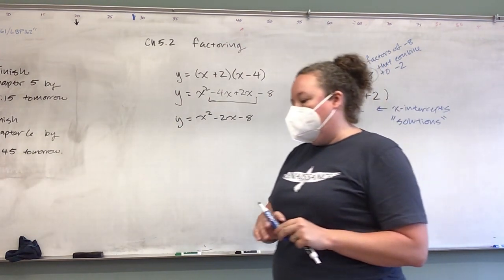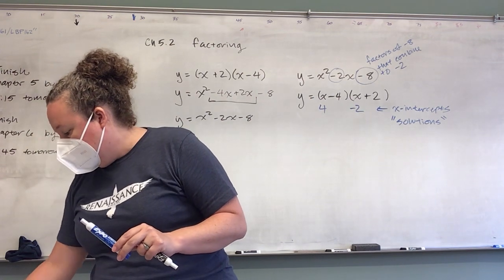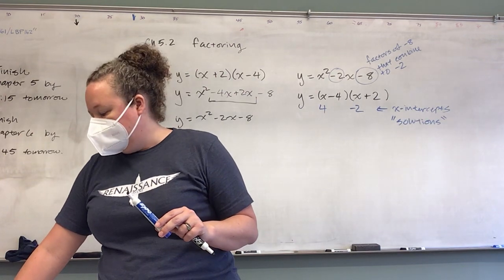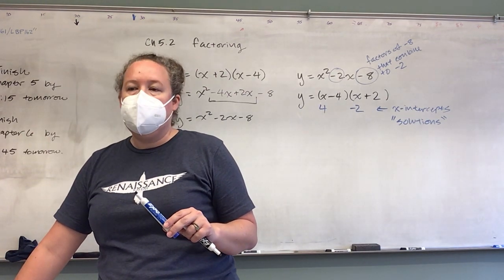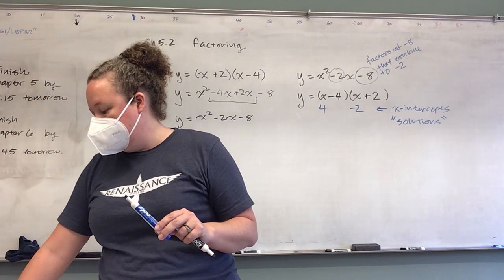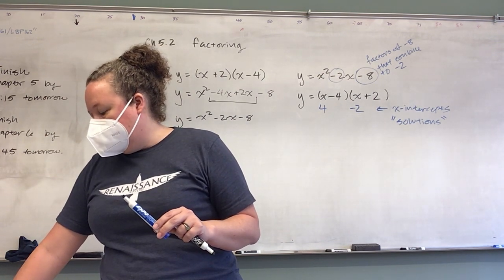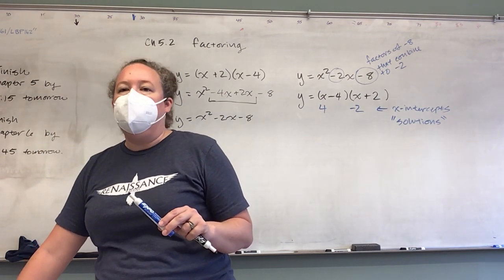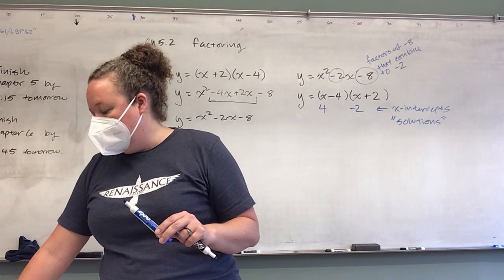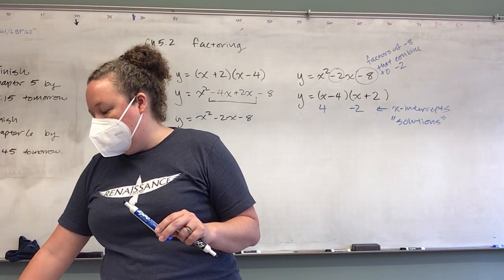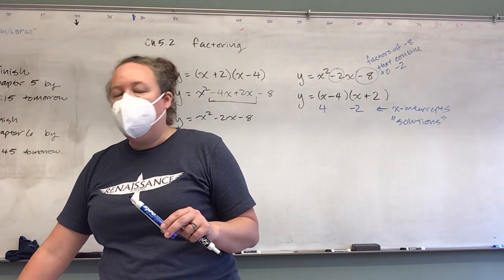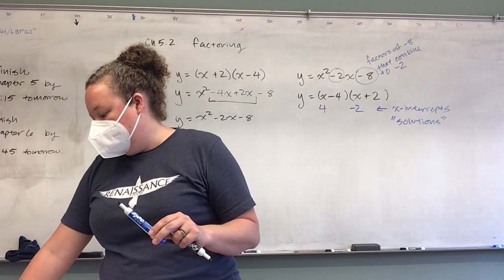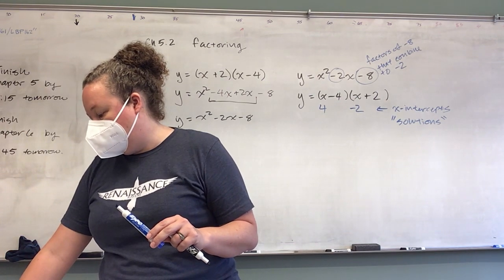Okay, I also want to direct your attention to page 257 in your book. You will see that there are examples on page 257 of some really important patterns, which are the difference of two squares and the perfect square trinomial.